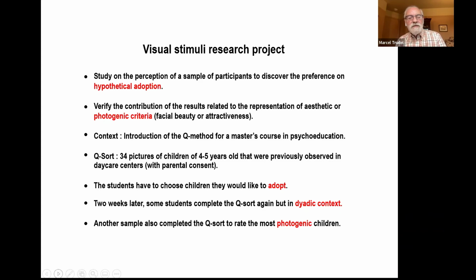Visual stimuli have some common features. This relates to a study on children's perception with a sample of participants, to discover their preferences on adoption. I became interested in adoption because a good neighbor a couple of years ago adopted two young Chinese girls, and it was nice.